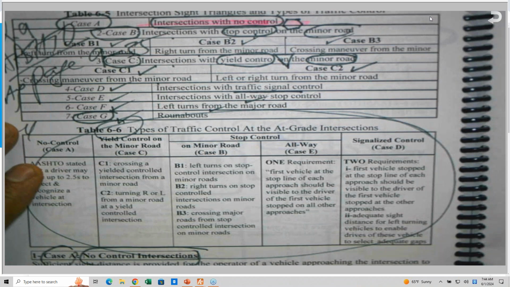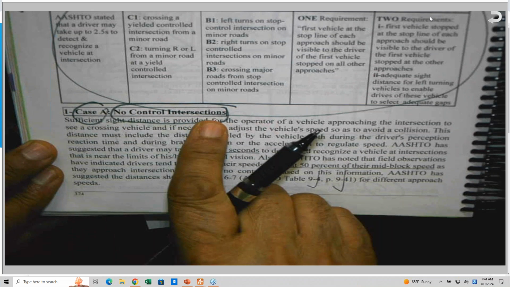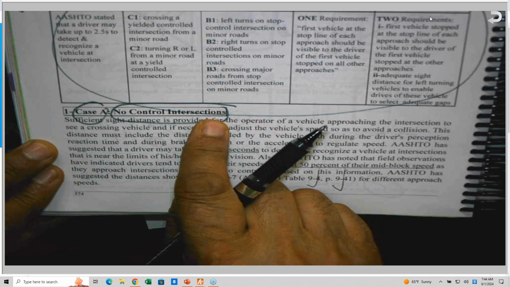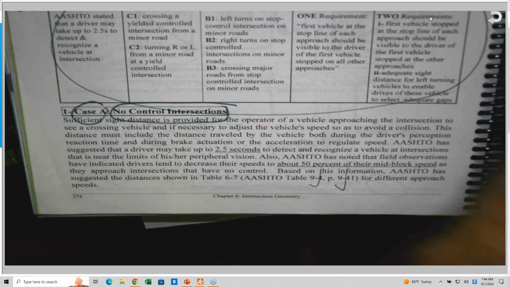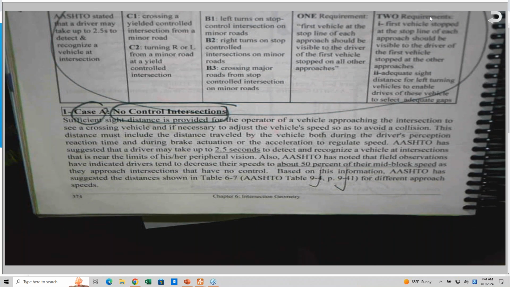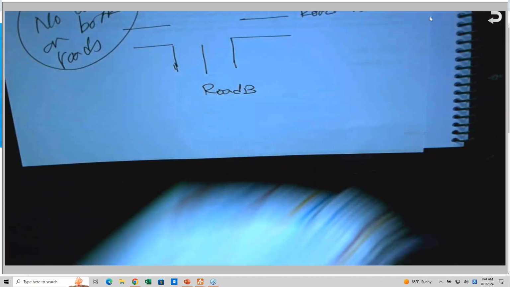Here it is, case A, no control intersections, and case A is given immediately before the one I was telling you about. Let me go to chapter 9.